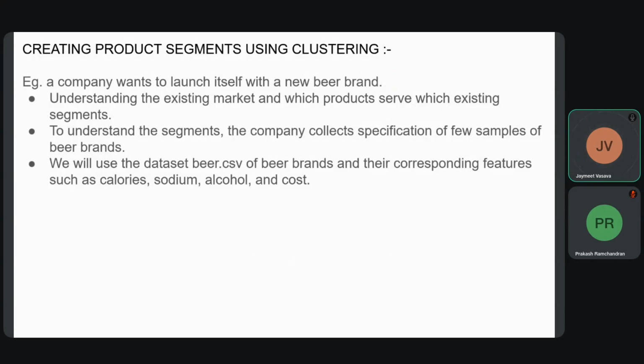So what would be the company's objective before launching? First, it has to understand the existing market and which products serve which existing segments. We have already talked about the existing market and the existing segments that companies have to first learn about. And to understand the segments, the company collects specifications of a few samples of beer brands.